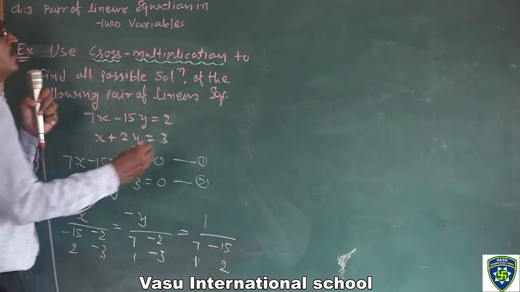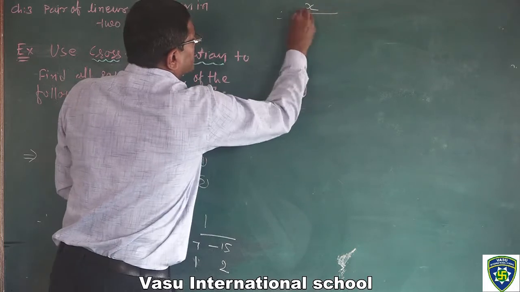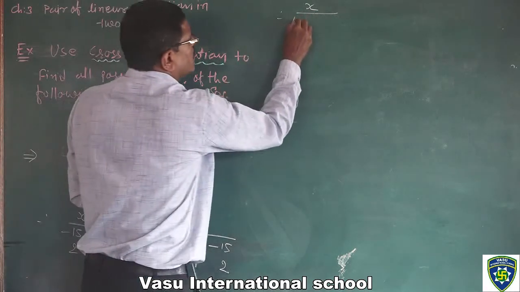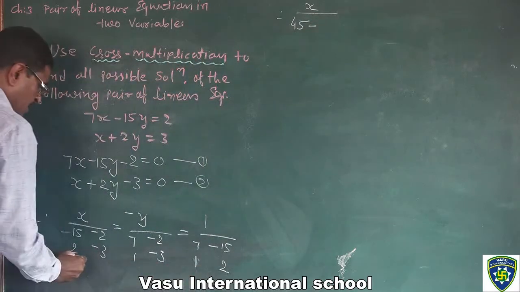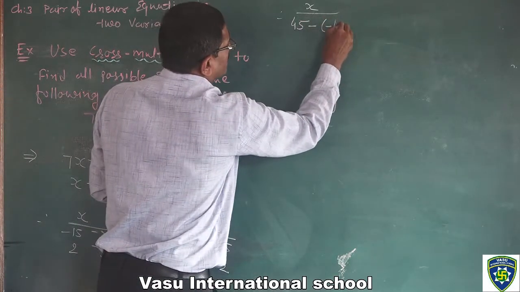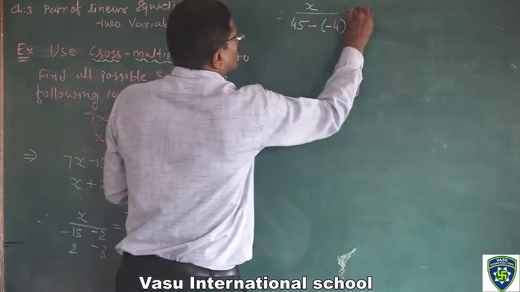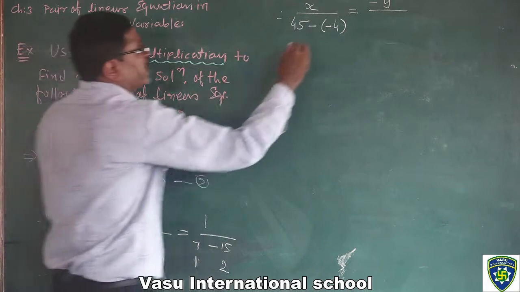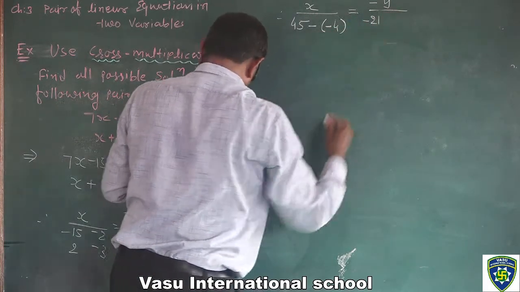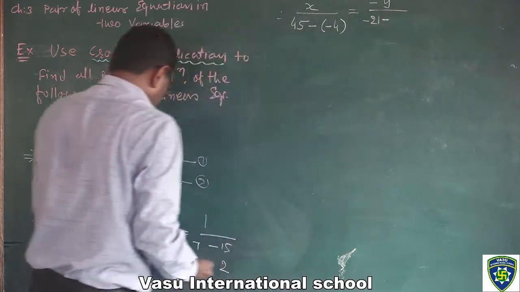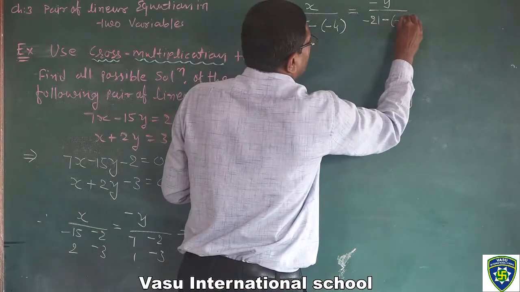Clear, student? So we write like this: x upon, we make cross multiplication. 15 times 3 is 45, minus into minus is plus. 2 times 2 is 4, into minus, minus 4, is equal to minus y upon 7 times 3 is 21, plus into minus becomes minus, and we have the minus sign already, 2 times 1 is 2, minus 2.